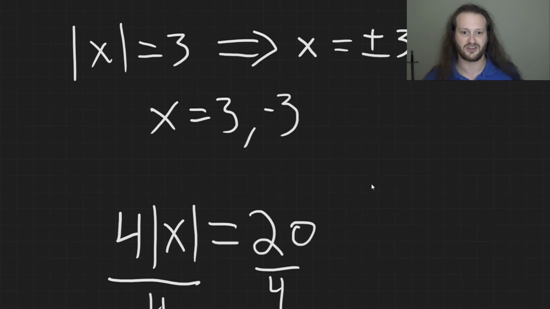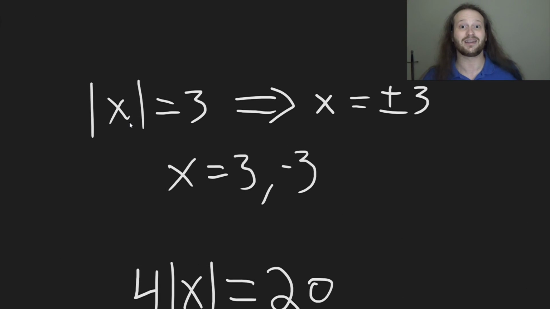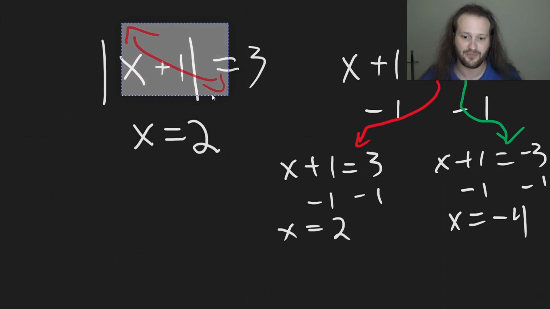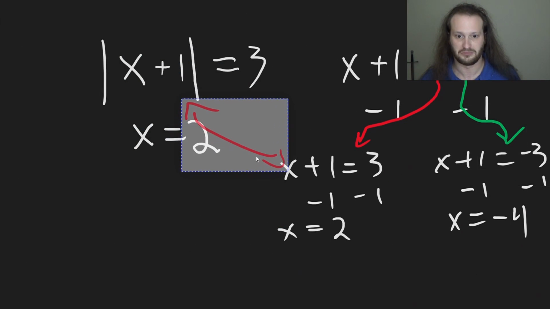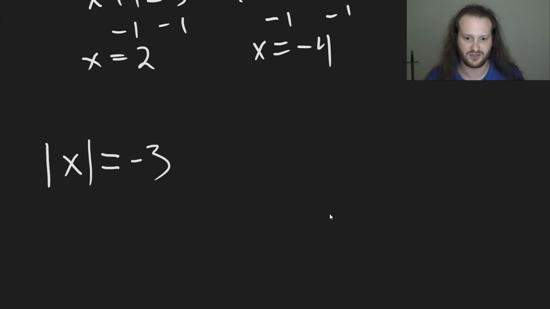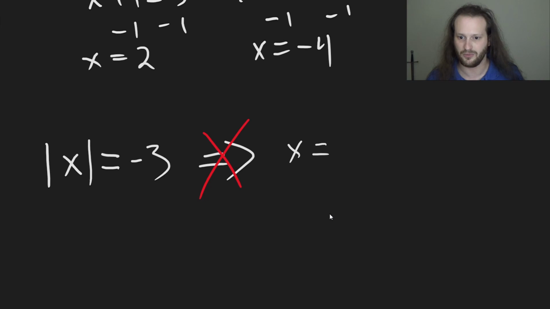This question is asking, what can you plug into the absolute value bars to make it +3? But down here, this question is asking, what can you plug in for x for it to become -3? This does not mean that this turns into what we were just talking about.